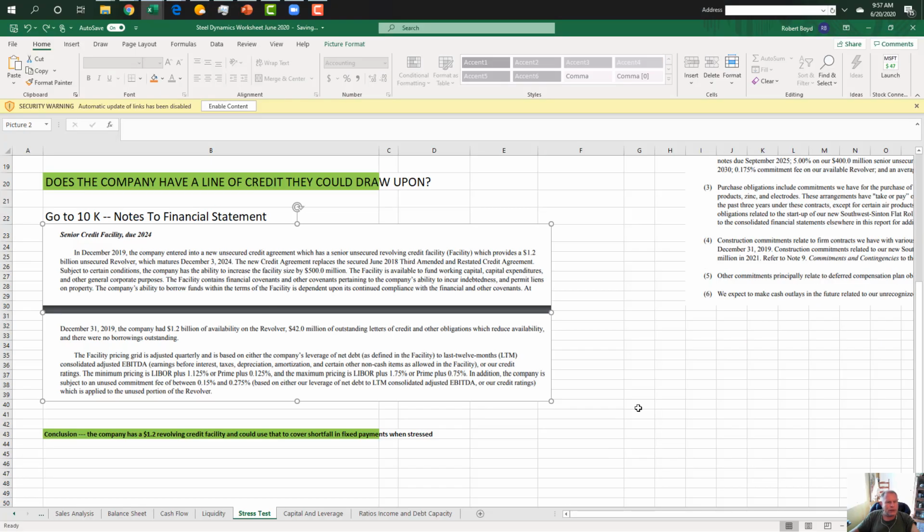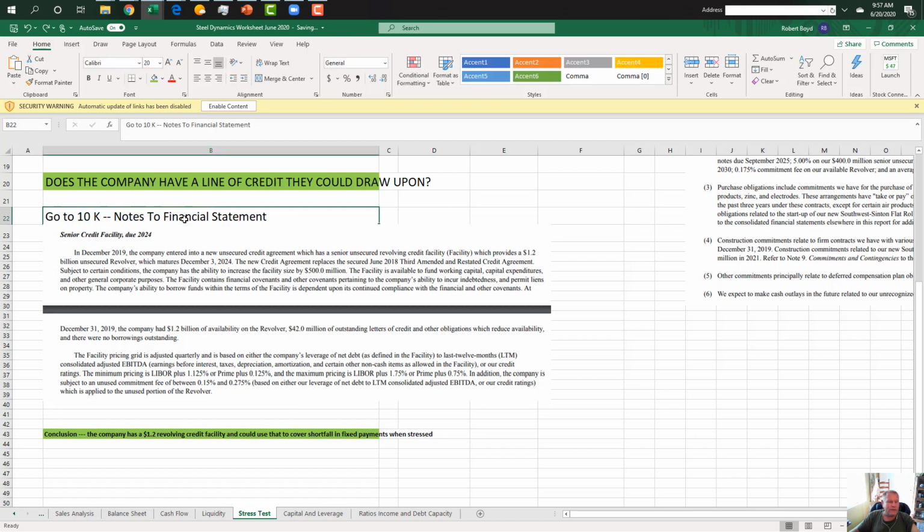The next question is, does the company have a line of credit they could draw upon? So if I go to the notes to the financial statement, 10K, I will be looking for long-term debt and a discussion on availability. And what I found is that the company entered into a new unsecured credit agreement with a senior unsecured revolving credit, which provides a $1.2 billion unsecured revolver.